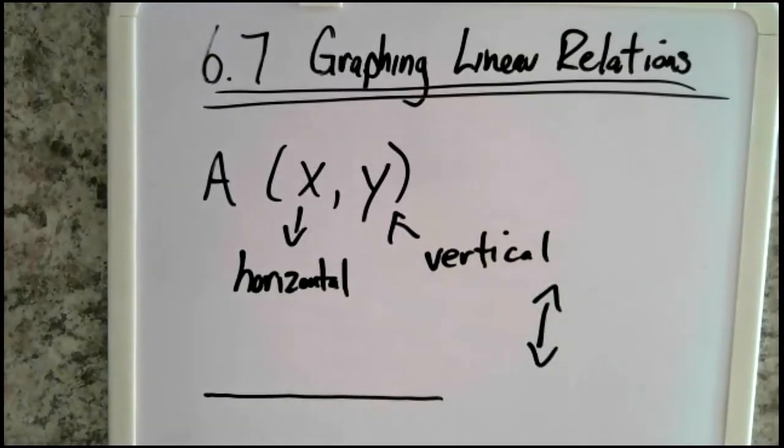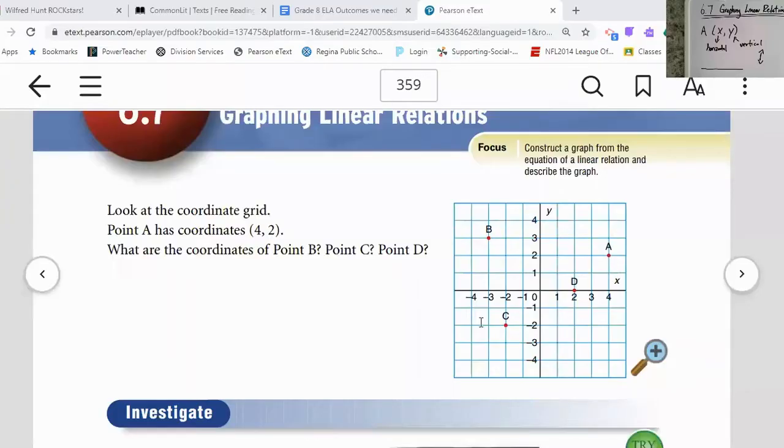So let's go back to point A in our textbook here. Okay, so look at point A. The first thing you notice over here in the top corner is we're looking for the x. So the horizontal, in this case, it's right here, the one that lays flat. So where does A line up? Well, A, if we go down here, is 4.